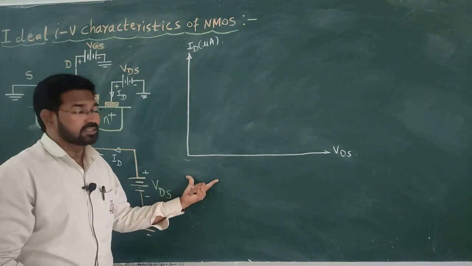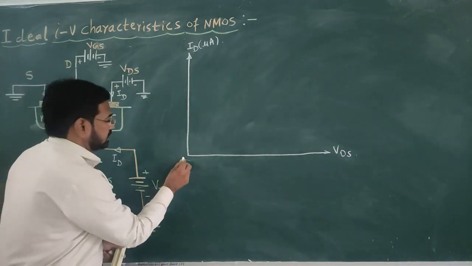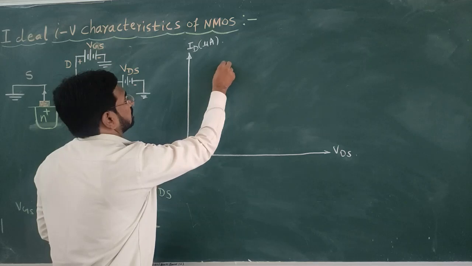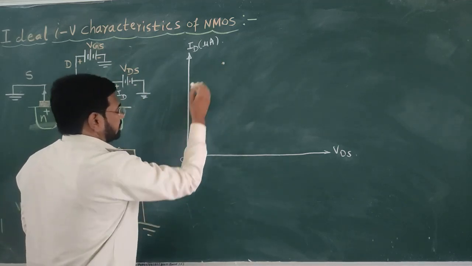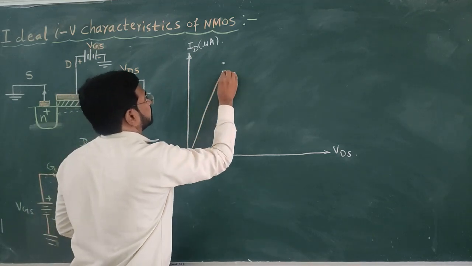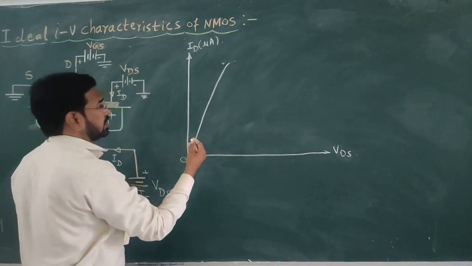The currents and voltages used in the device are in microamperes. So, it is 0, and up to this point the current varies linearly, whatever change we make in VDS and gate voltage.